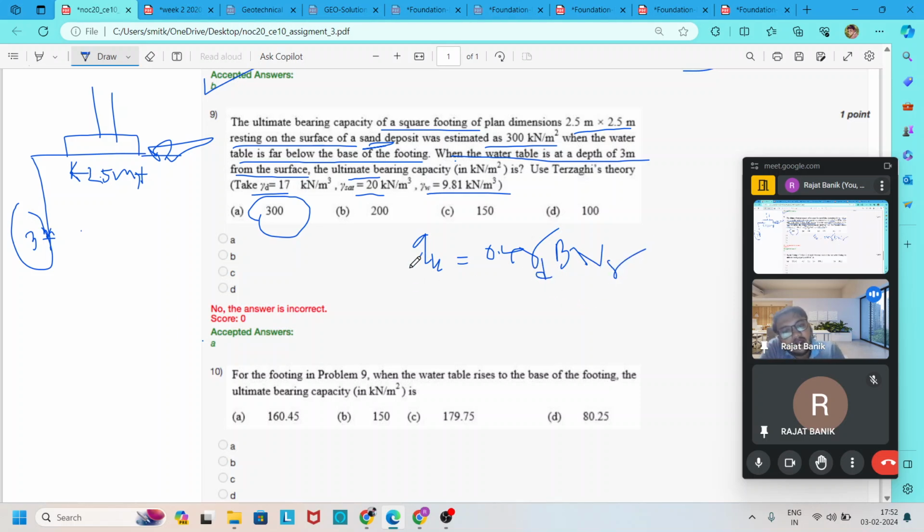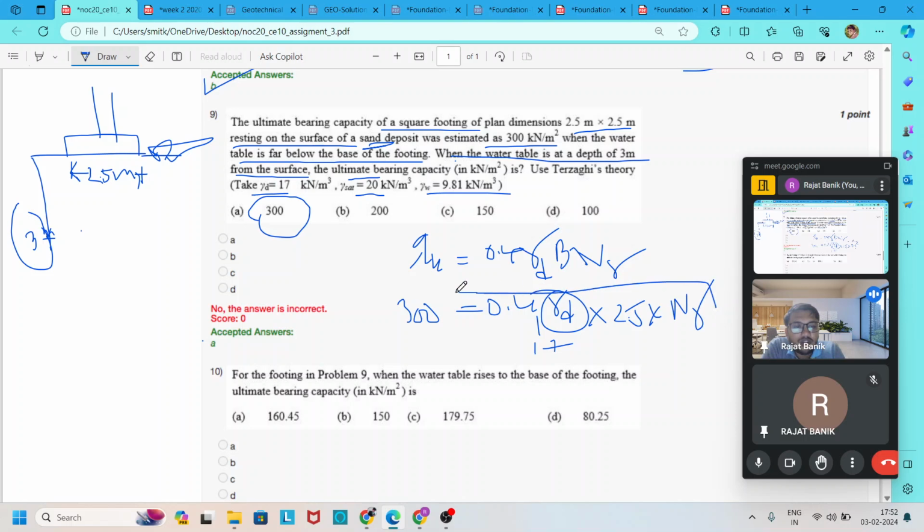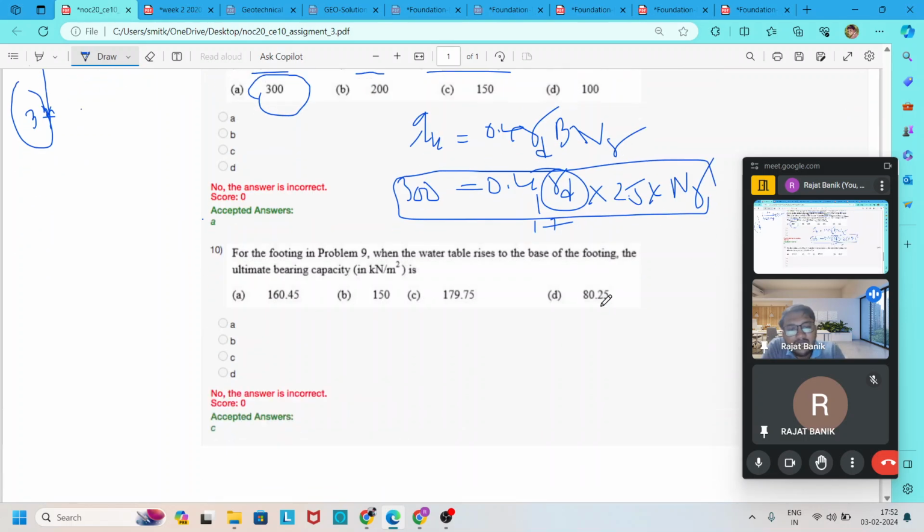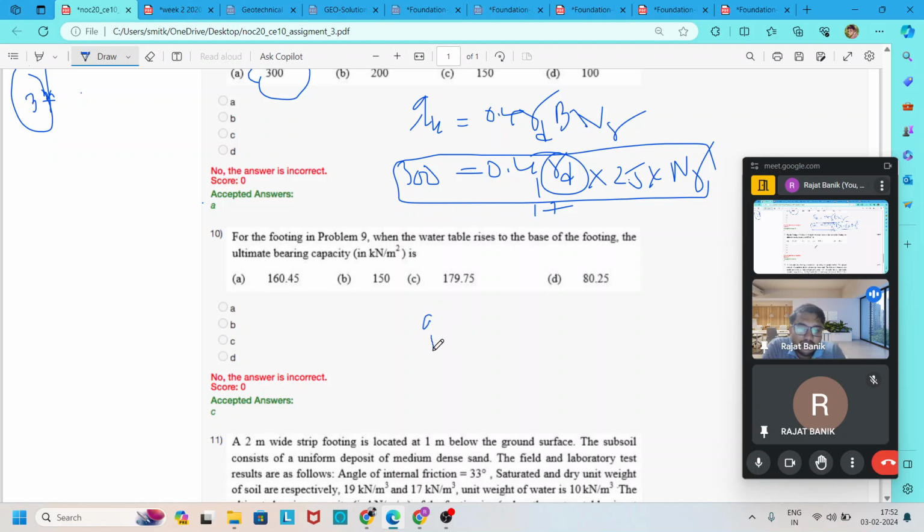So qu is given as 300, so 0.4 times gamma, given here as 17, and width of the foundation given as 2.5. By this formula we find N gamma. After finding N gamma, we use the same formula again, but gamma will be modified: gamma d becomes gamma dash, the submerged unit weight of the soil.